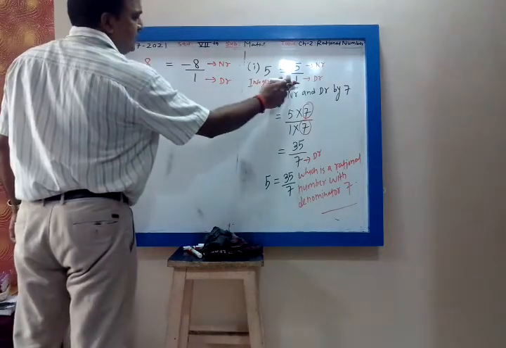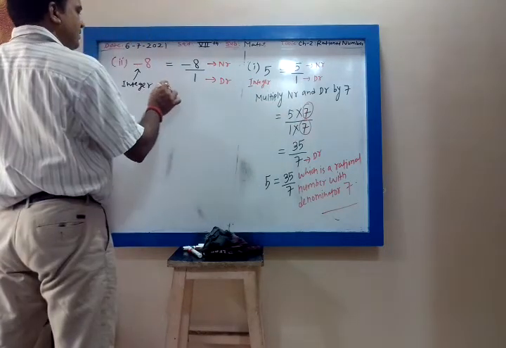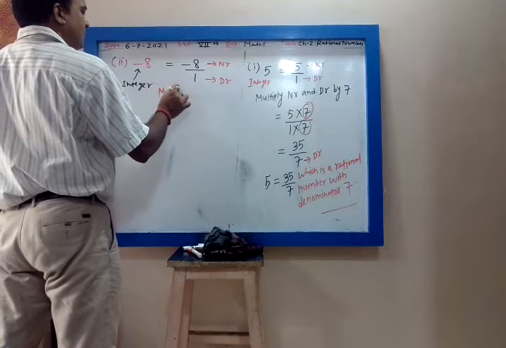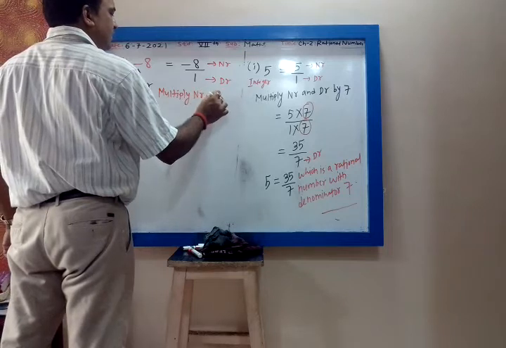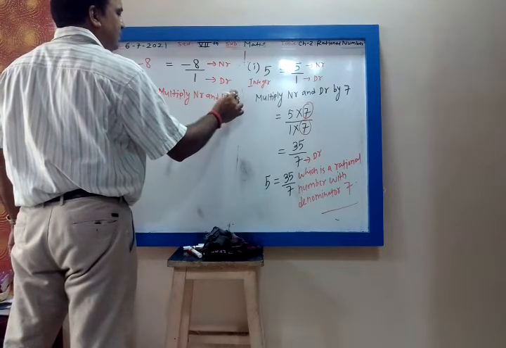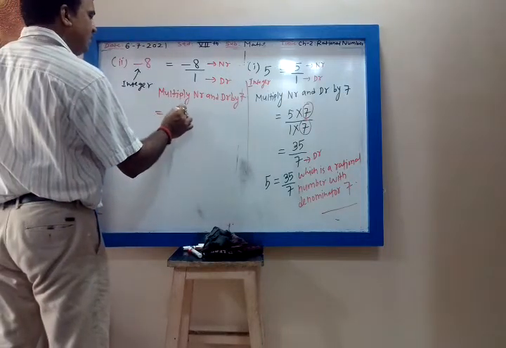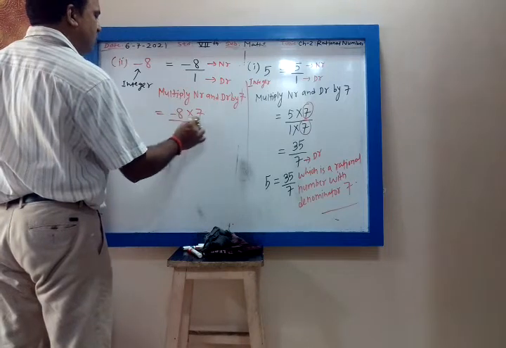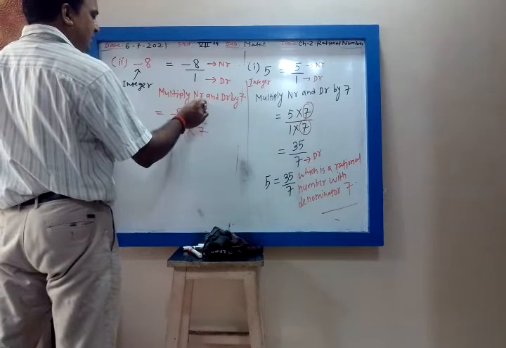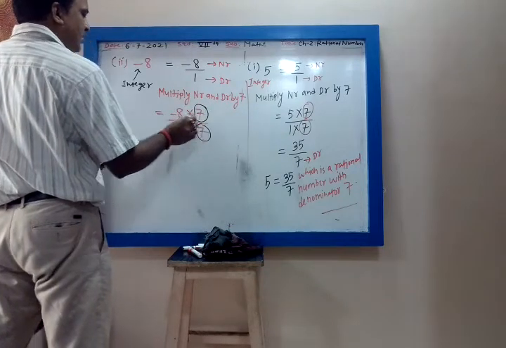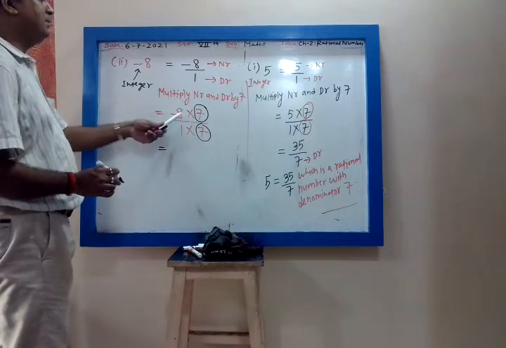How have I done it earlier? This 1 I converted into 7 by multiplying numerator and denominator by 7. So that is minus 8 into 7 upon 1 into 7. Now multiply, and take care with the sign: minus into plus will be minus.